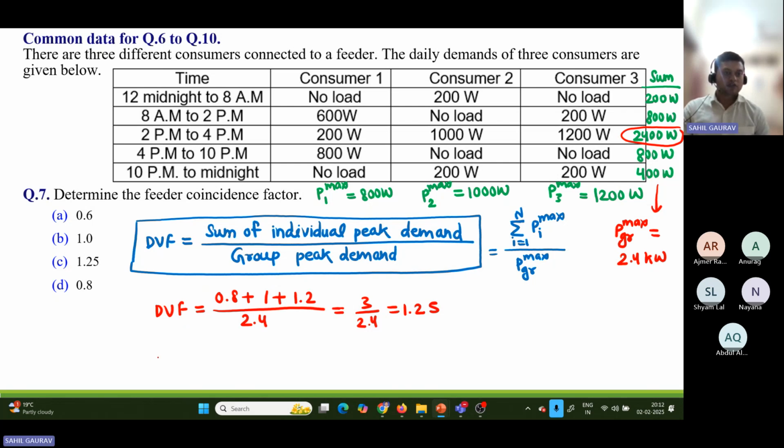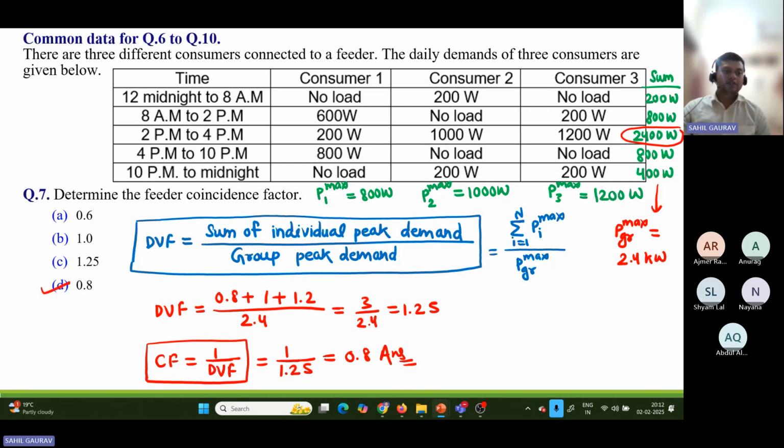Now we can find the coincidence factor. Coincidence factor is the reciprocal of diversity factor. So it is very important. Coincidence factor is the reciprocal of diversity factor. So 1 upon 1.25 is 0.8.